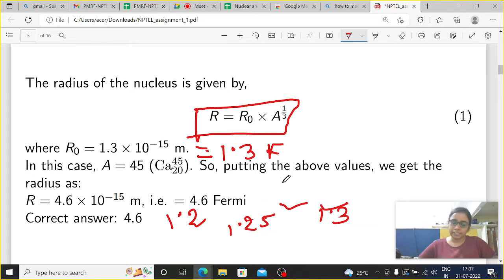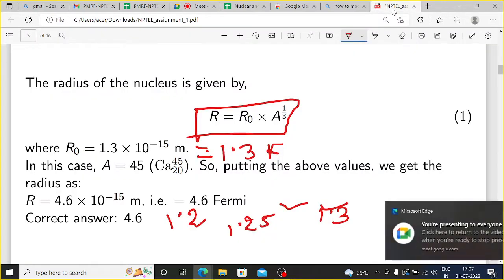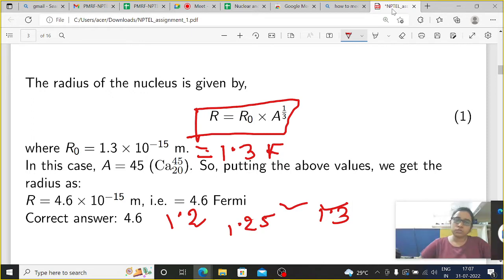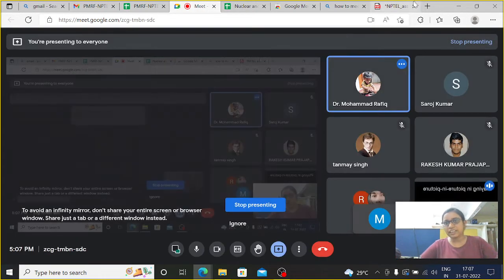It is in units of Fermi, that is 10 to the power minus 15 meter, which is very small, so 1.2 Fermi, 1.25 Fermi or 1.3 Fermi does not make any big difference. You can take any one of them.